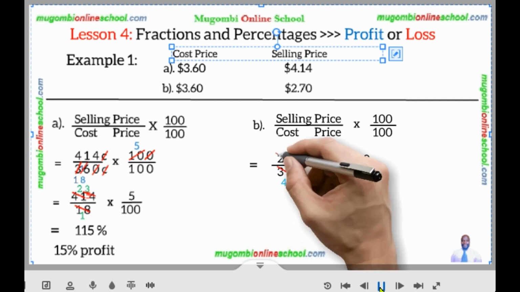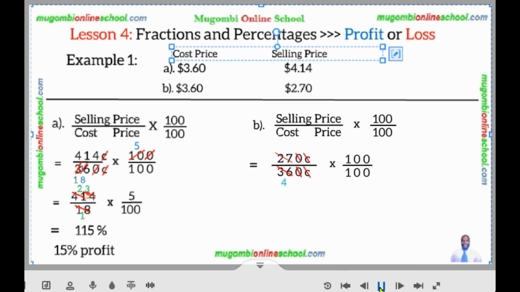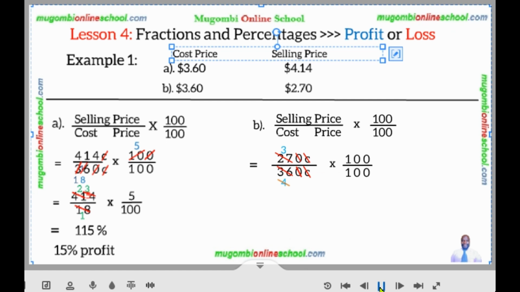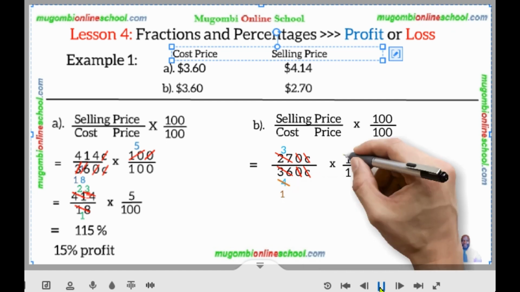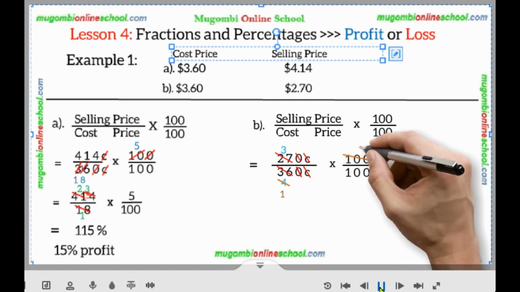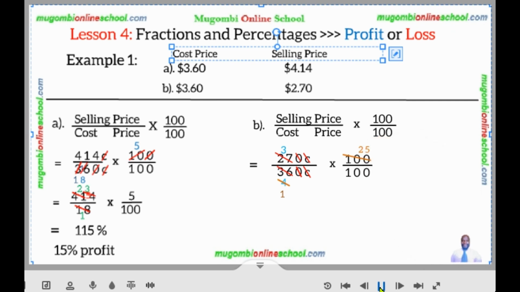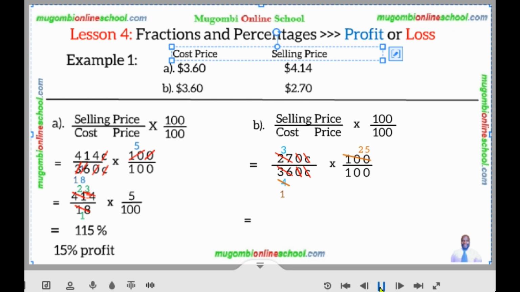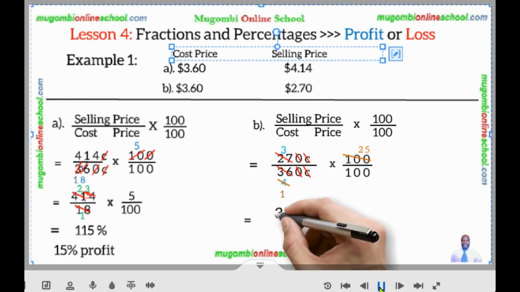36 divided by 9, this will give us 4. And then 27 divided by 9, this will give us 3. And then 4 into 4, that's 1. And then 4 into 100, that is 25. It's easy to divide here in this case, because if you multiply 5 by 4, we get 25, by 4, we get 100.